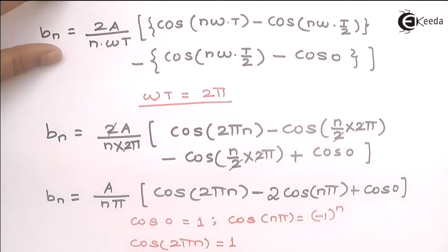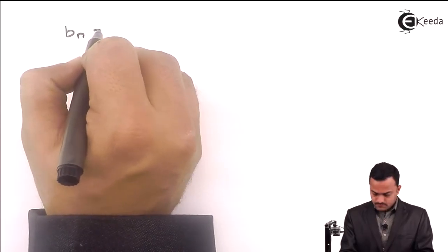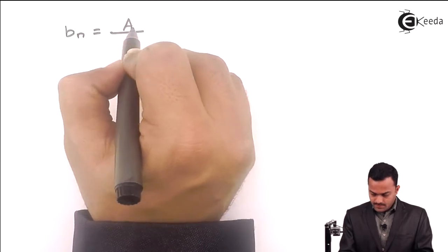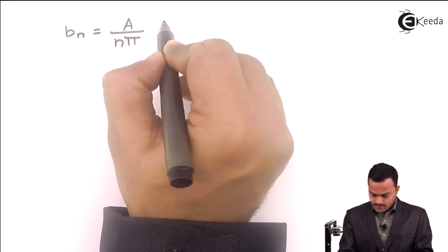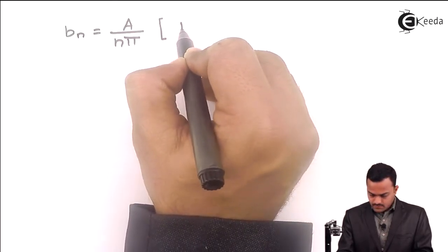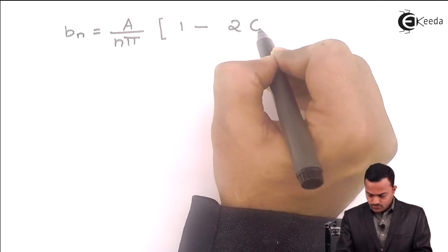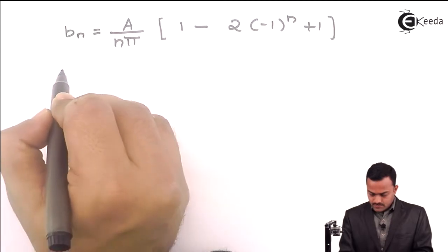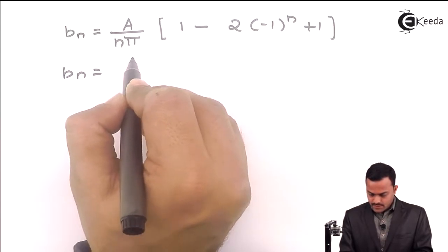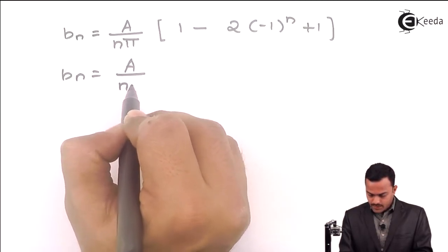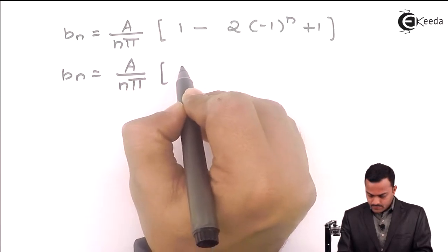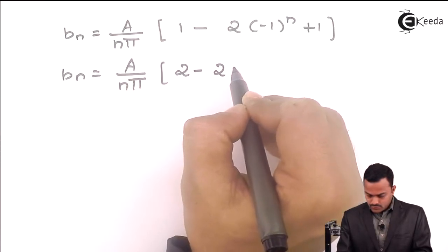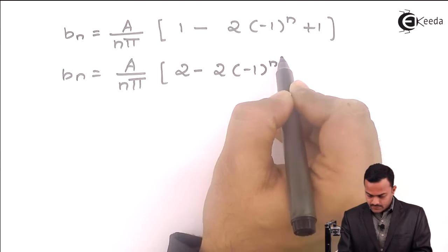So we'll get Bn as a upon n pi in bracket 1 minus 2 into minus 1 raised to n plus 1. So Bn is a upon n pi bracket 2 minus 2 into minus 1 raised to n.